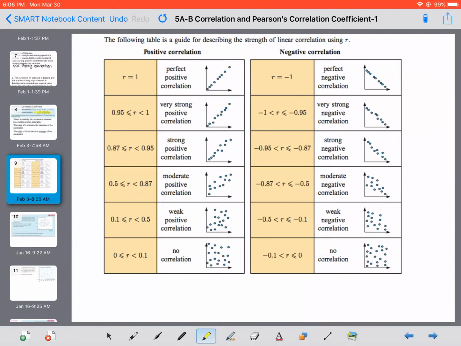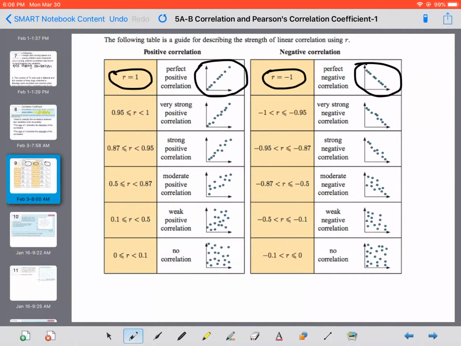When we get more specific with correlation and our R value, the R value tells you how you can best describe it. So notice that when R is 1, look at that graph. Every single one of those points forms a straight line. When R is -1, all of those points also form a straight line.